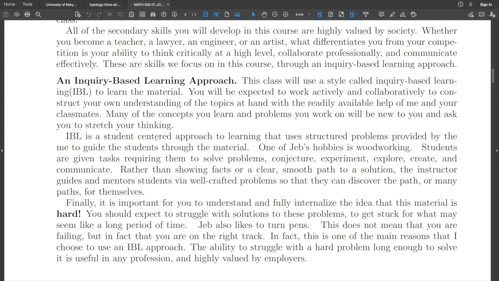Collaborative work is also a key component in IBL. It's not just one person trying to present their solution and then we move on. It's trying to figure out as a class how do we create these proofs? How do we produce this mathematics? How do we write it up in a correct way?